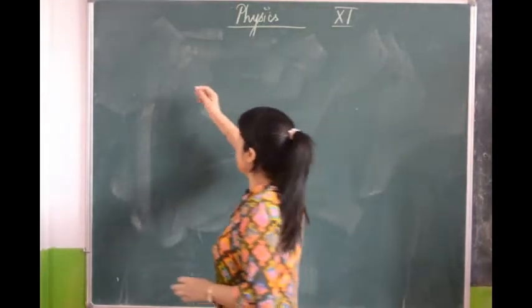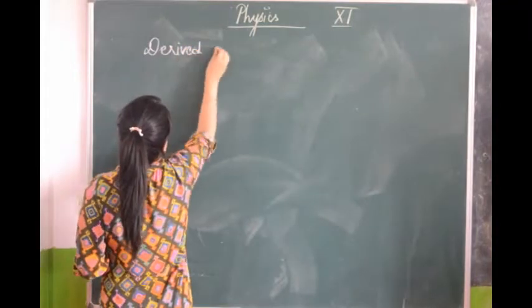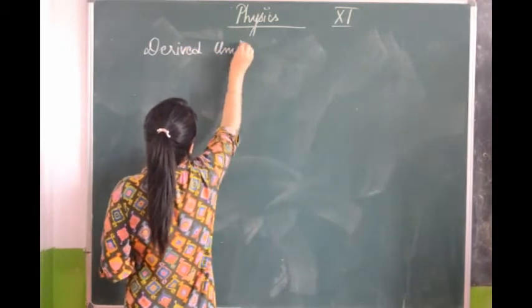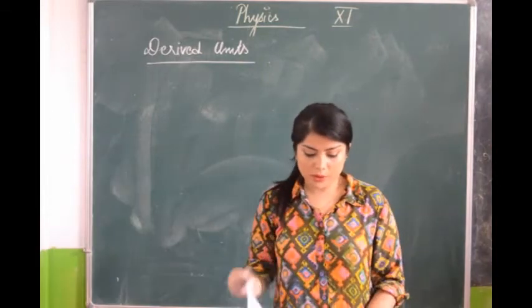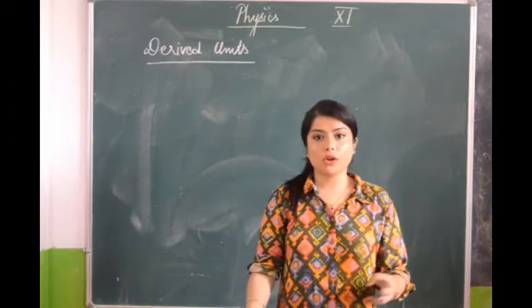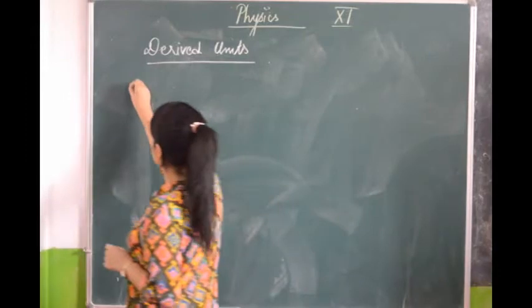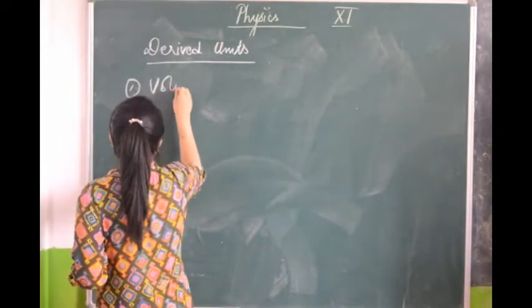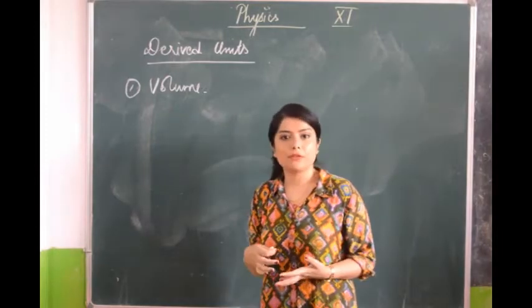Derived units. There are units which don't have their own original units, so we have to derive them from other ones. The first example is volume. Volume doesn't have a unit of its own, so we derive it from another unit.